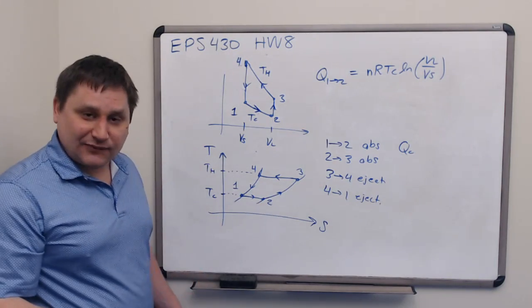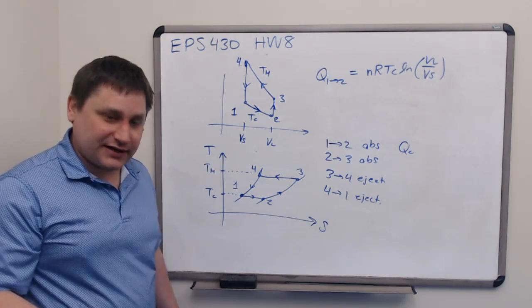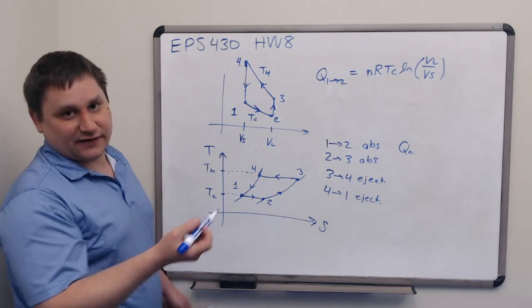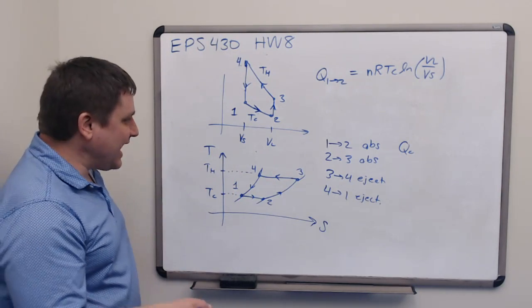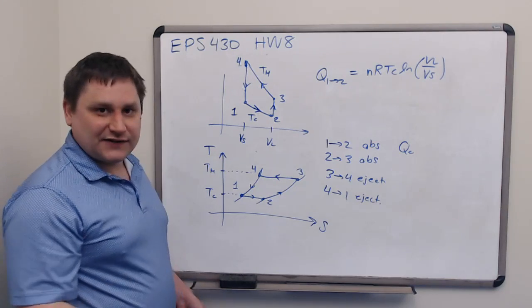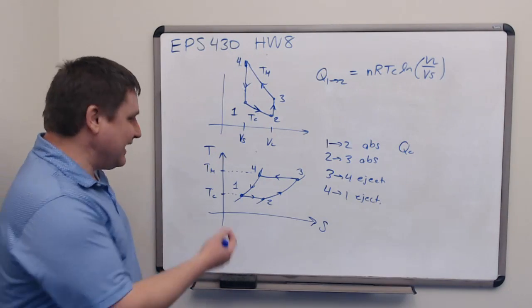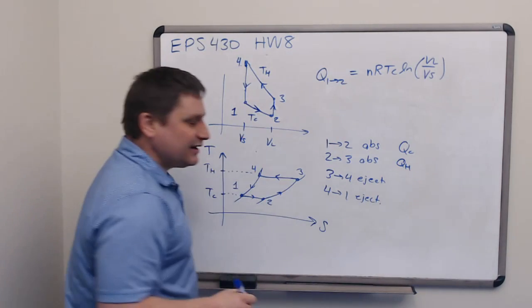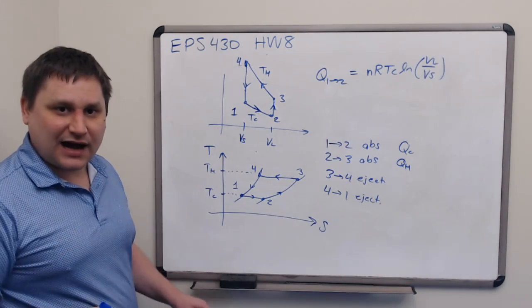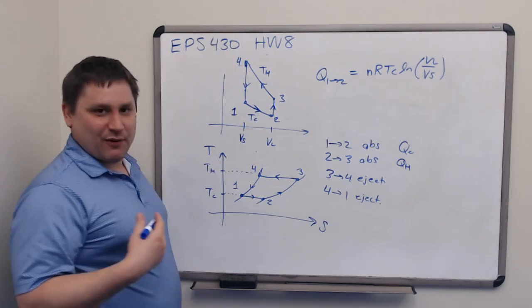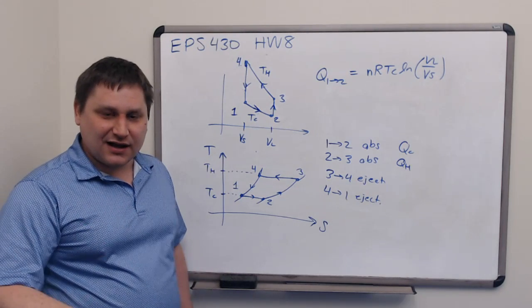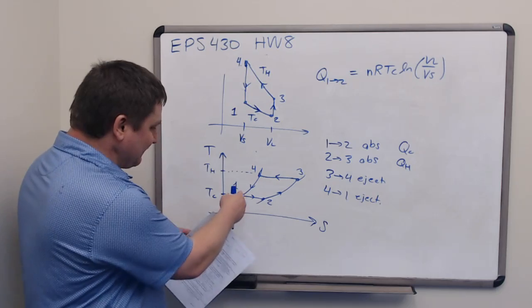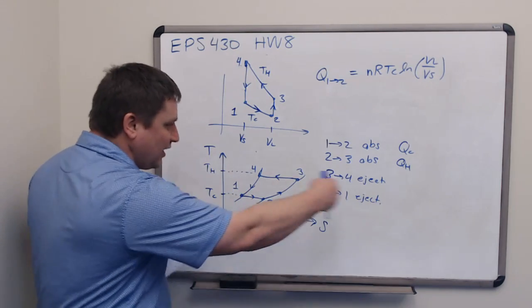It really can't absorb from the cold reservoir along 2 to 3 because it's already hotter than the cold reservoir. So 2 to 3 has to be an absorption, and the only reservoir that can accomplish that for us is the hot reservoir. So this is an absorption of heat from the hot reservoir. It's not what we want to happen in a refrigerator, but we can still make it work as a refrigerator if the heat on 1 to 2 is large enough.